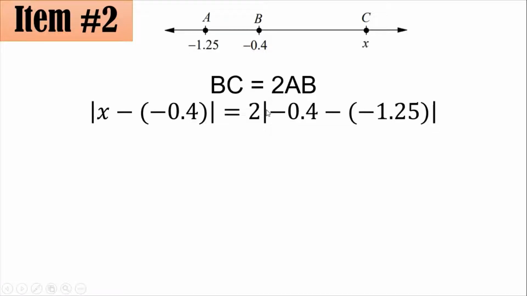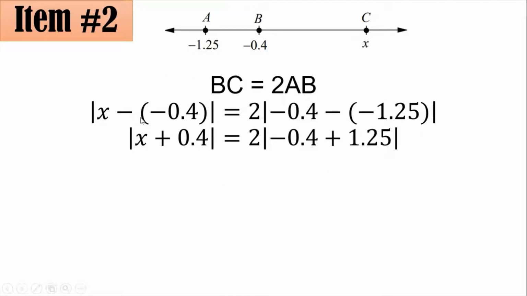And for AB, that's the absolute value of the difference of negative 0.4 and that of negative 1.25. So from this one, x minus negative 0.04 becomes x plus 0.04. And this double negative will also become plus.